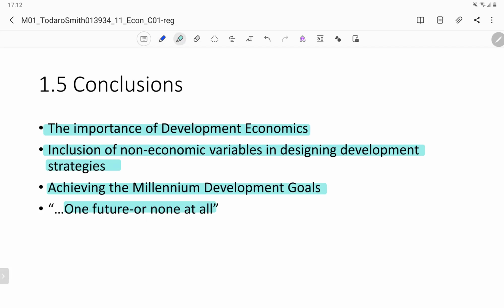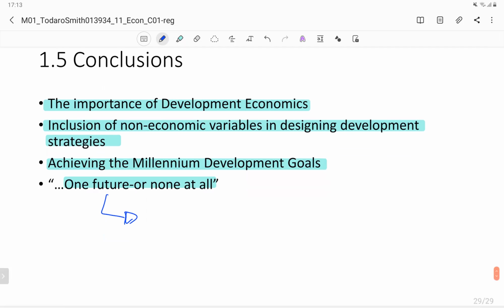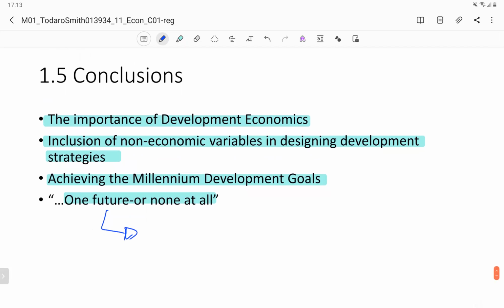What do we mean by this? So if I'm not mistaken, it means that one future here is the future where everyone is better off, because we have economic development and we can overcome the problem of absolute poverty.